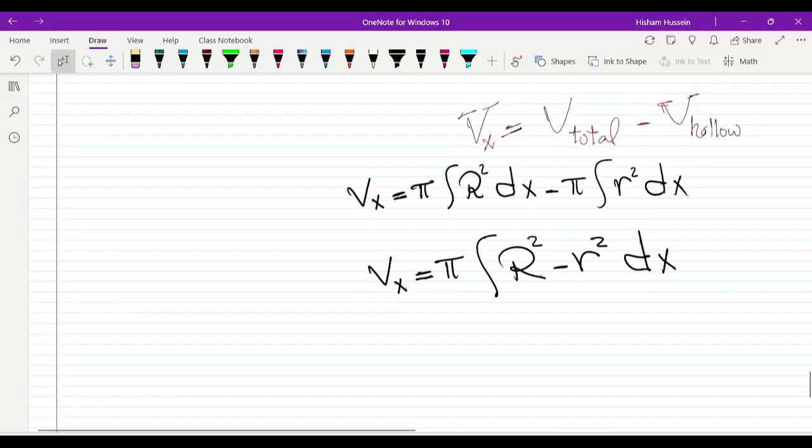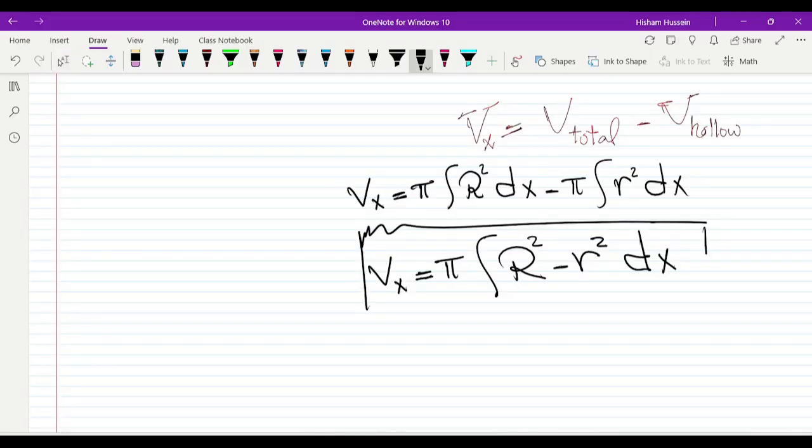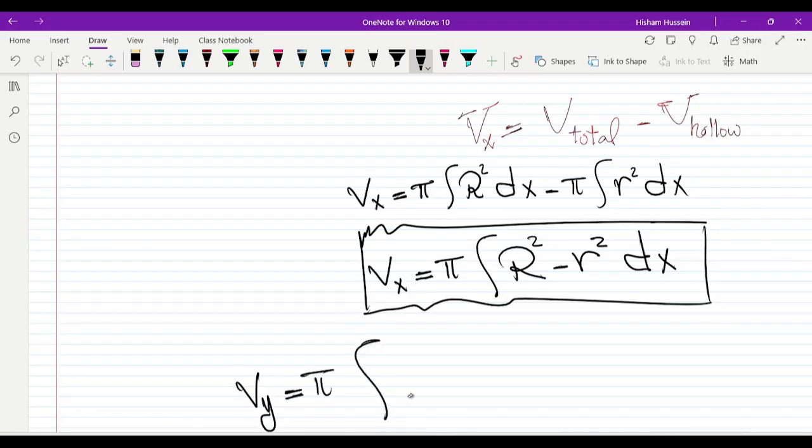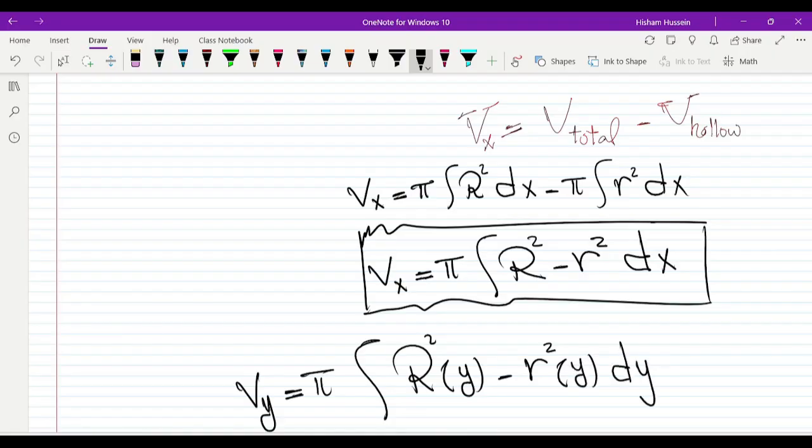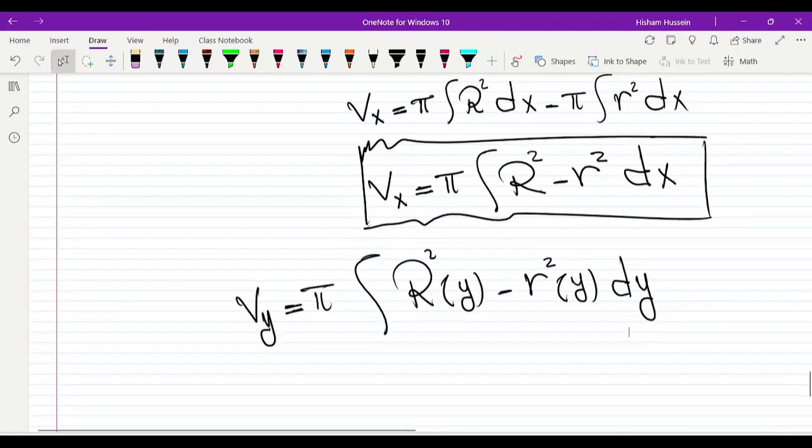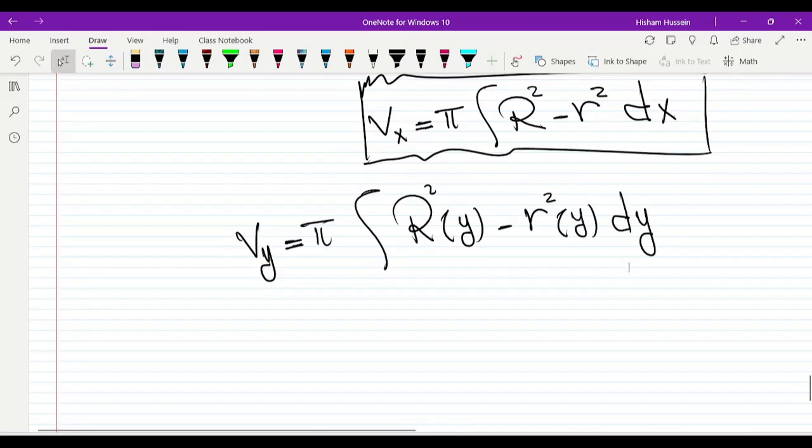And we can do the same for rotation about the y-axis. The volume of rotation about y will be pi integration, but here it's R of y, whereas there it was R of x: R outer minus R inner, squared, of y, dy. And we do the same if we are rotating about any axes different from the x or y axes.